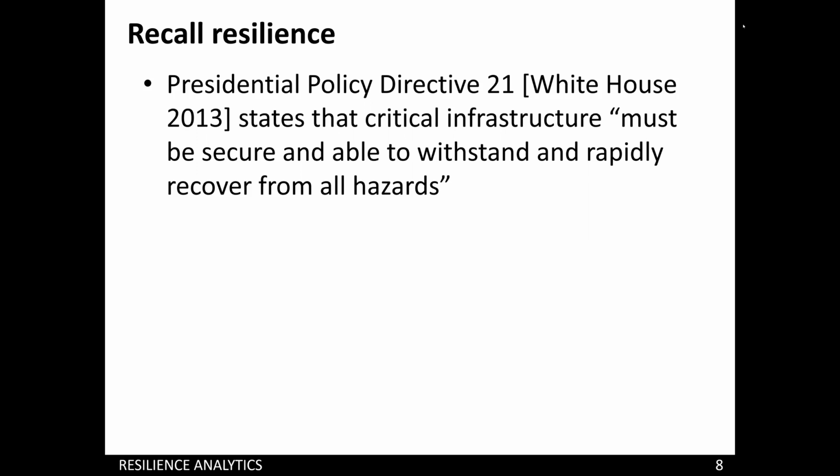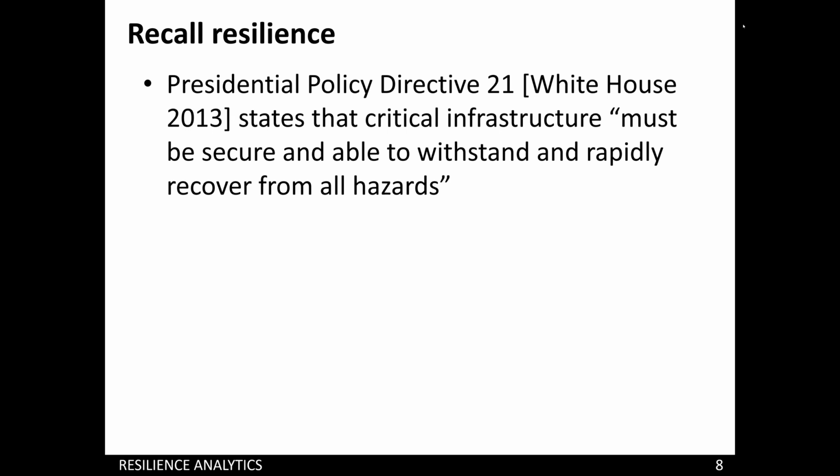And so we probably talked about this presidential directive before, and if we haven't, a similar presidential directive back in the early 2000s really kickstarted this concept of resilience. And it was updated in 2013, and it's still relevant today. So this directive states that the critical infrastructure must be secure and able to withstand and rapidly recover from all hazards.